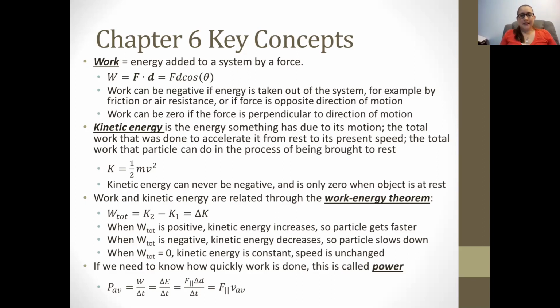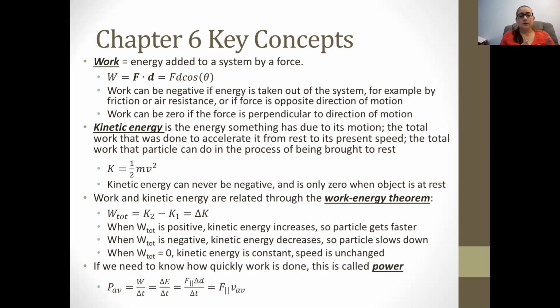Okay. Kinetic energy is related to work through this work energy theorem. And kinetic energy, remember, is the energy that something has when it's moving. So kinetic energy, K, is 1/2 mass times speed squared. Kinetic energy will never be negative, and it will be zero when the object is at rest.